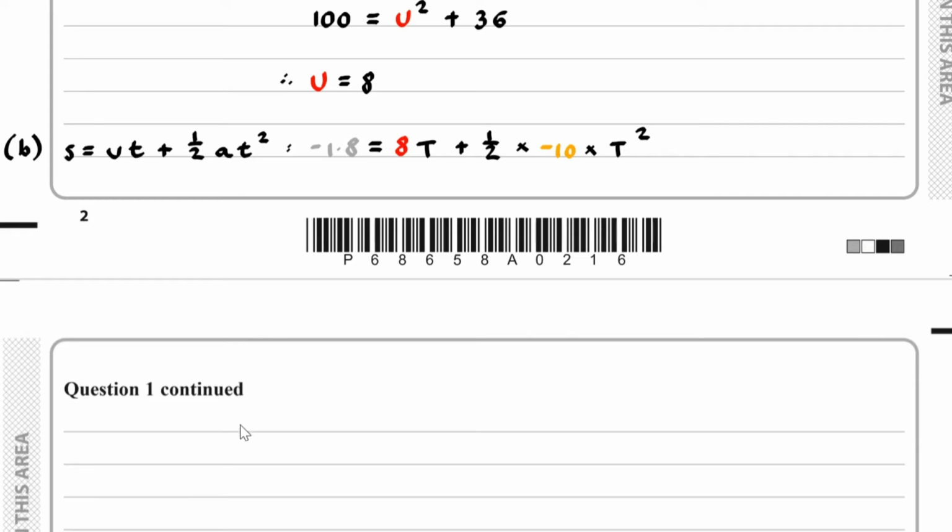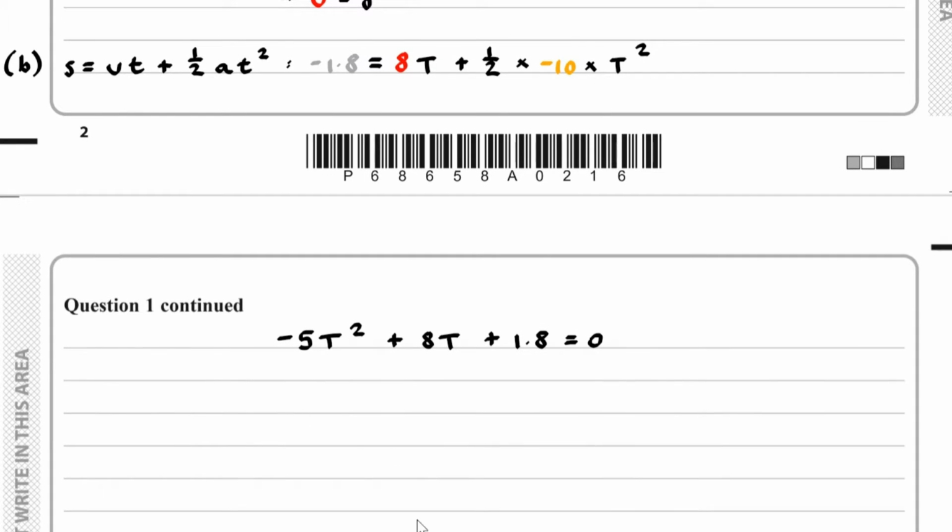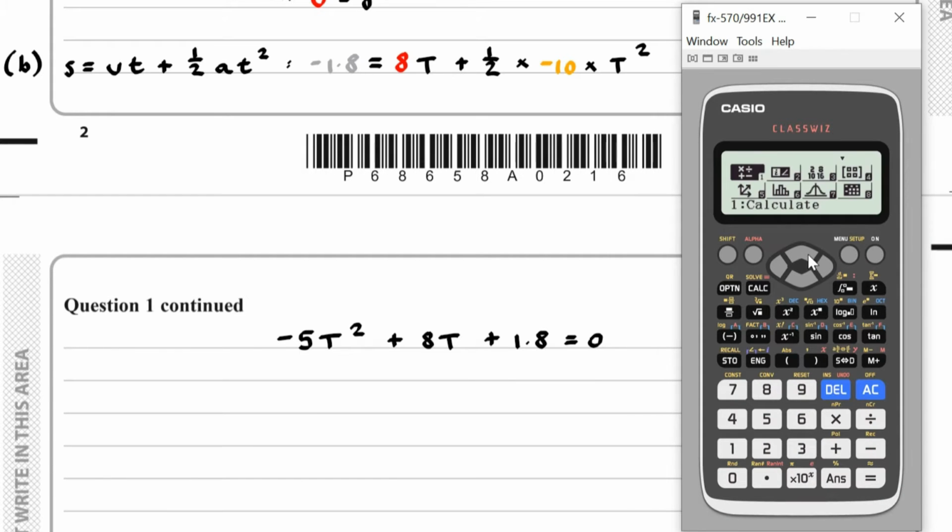So if we rearrange, we have minus 5t squared plus 8t plus 1.8 equals 0. So we can solve this quadratic to find the values of t.